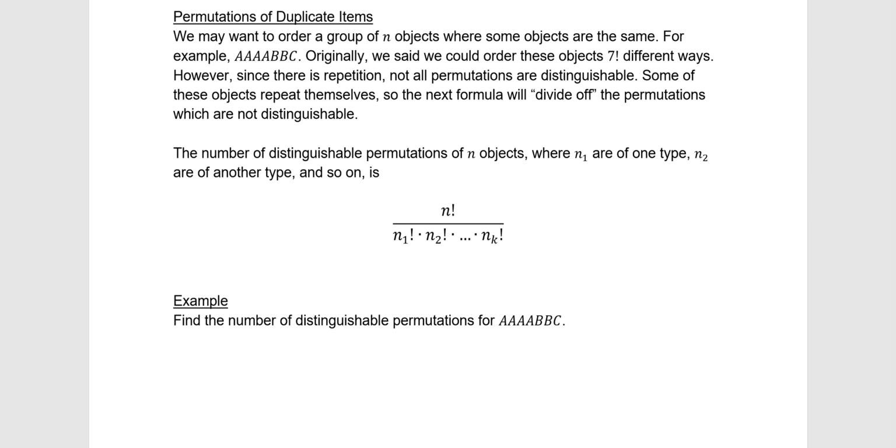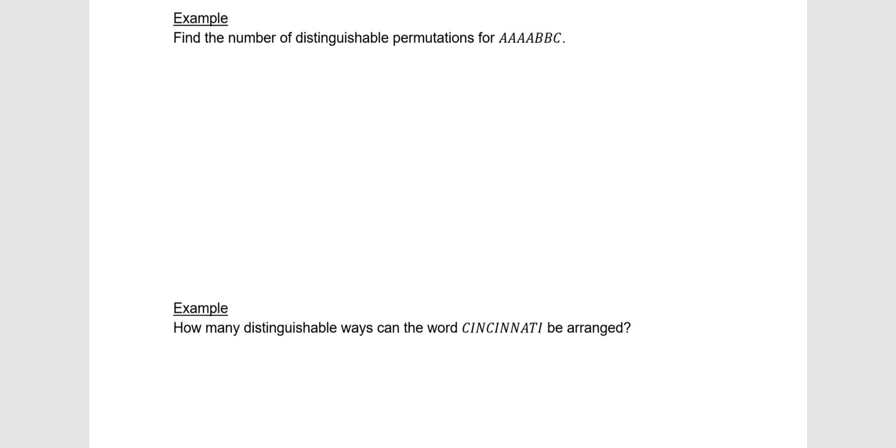The number of distinguishable permutations of n objects, where n1 is the number of the first type of duplicated items, n2 is the number of the second type of duplicated items, and so on, is n factorial divided by n sub 1 factorial times n sub 2 factorial, and you keep on going until n sub k factorial, where k is however many sets of duplicate items there are. So let's see this in an example so it makes some sense here.